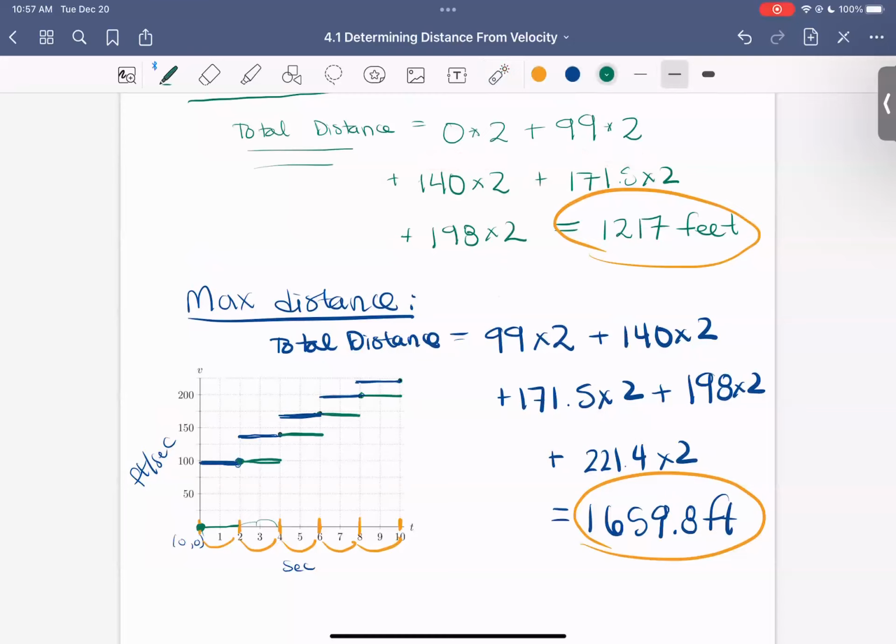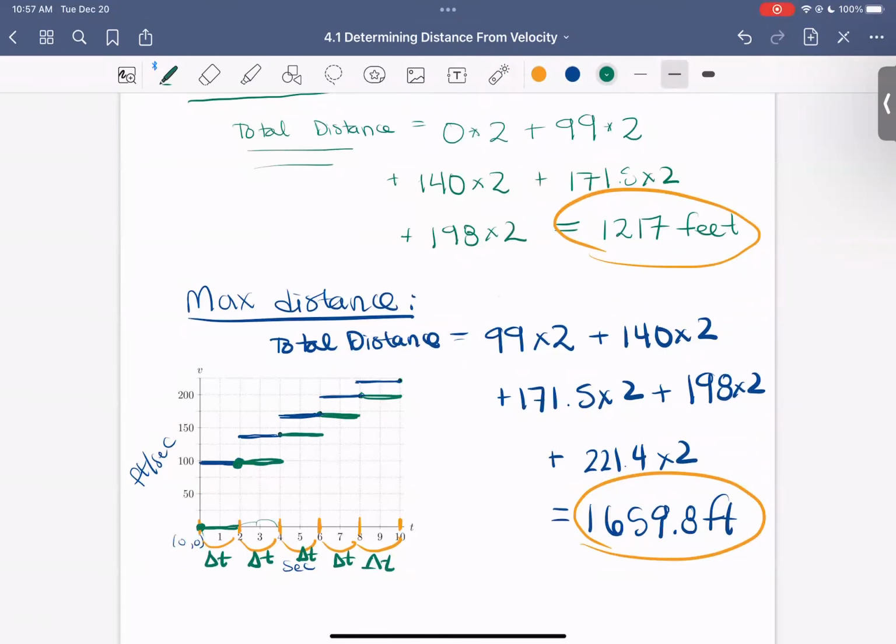Well, we see the change of time down here. We see these velocities appear up here at these heights. And so when we're doing this multiplication, how that shows up in the graph is actually an area.